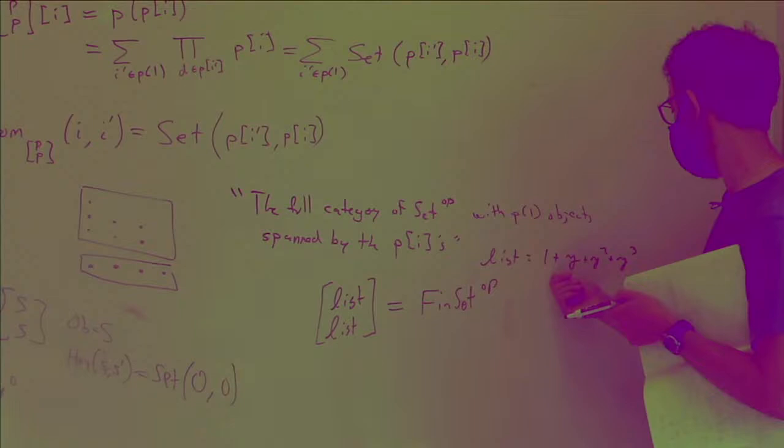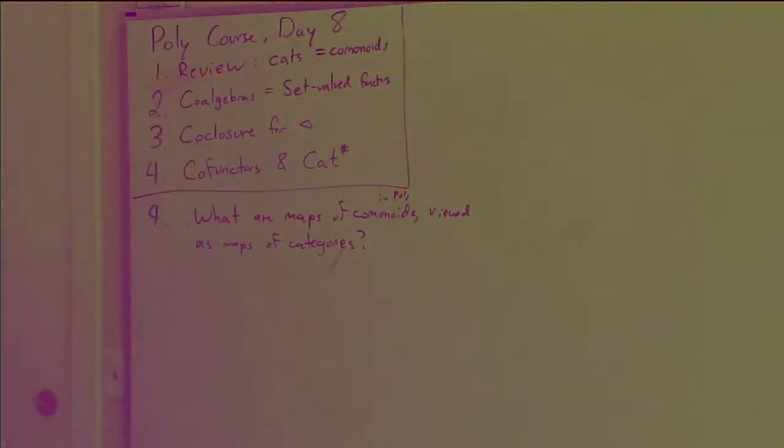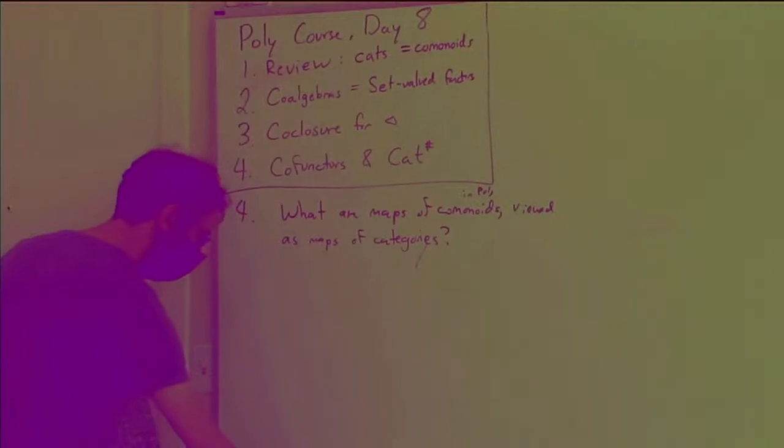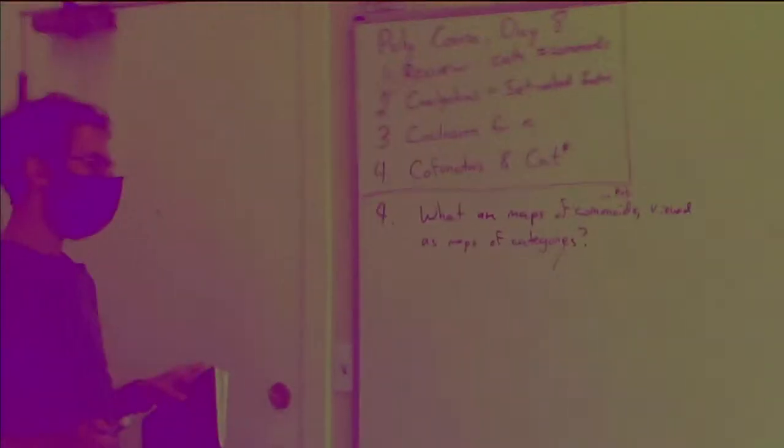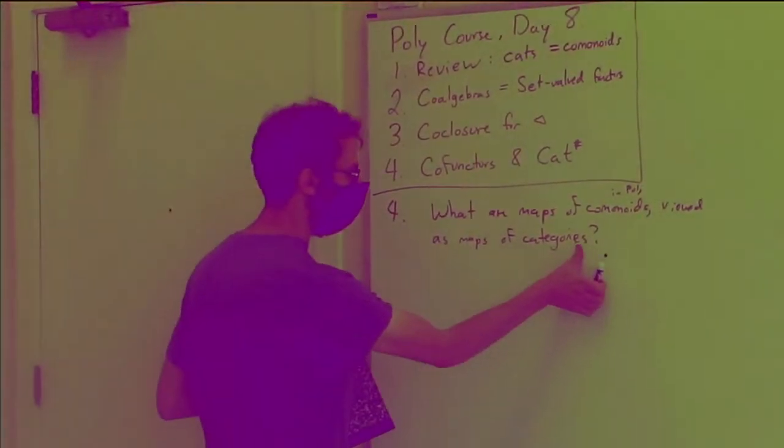So remember, a comonoid in Poly is a category. But a map of comonoids may or may not be a functor, and we're going to find out it is not a functor. It's something else.